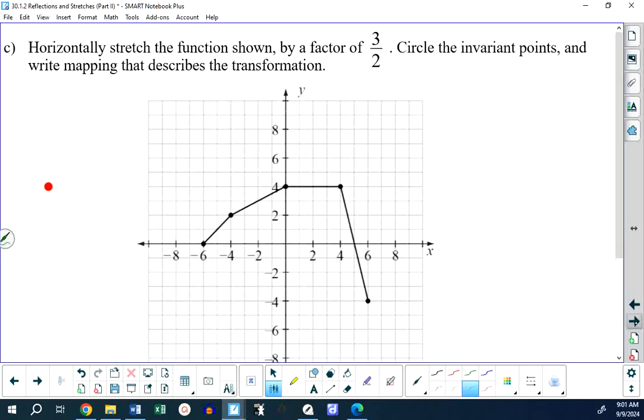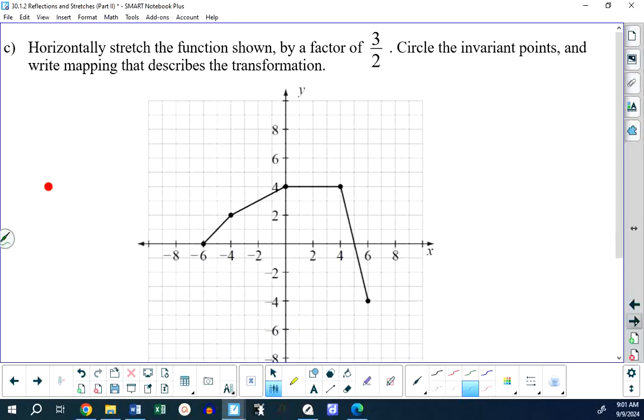If we want to stretch something horizontally, well, the factor is a little awkward to work with. Horizontally by a factor of 3/2, 3/2 is a number bigger than 1. It's 150%. It's 1.5. Every point is going to be 1.5 times away from the y-axis as it currently is.